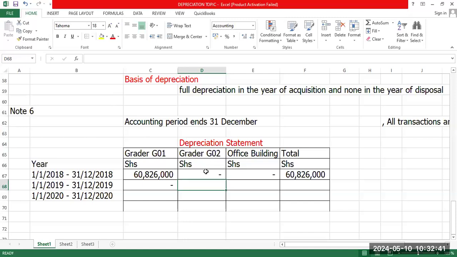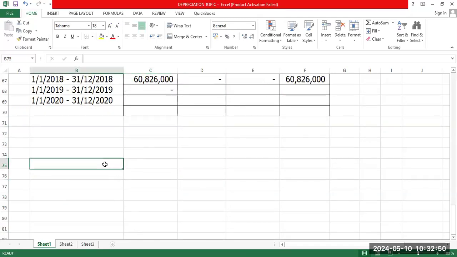Now we ask ourselves, how do you know that the date is within the month? They can indicate that you acquired on 6 May, or maybe on 18th December. Here you cannot use months, unless you're using full month depreciation.